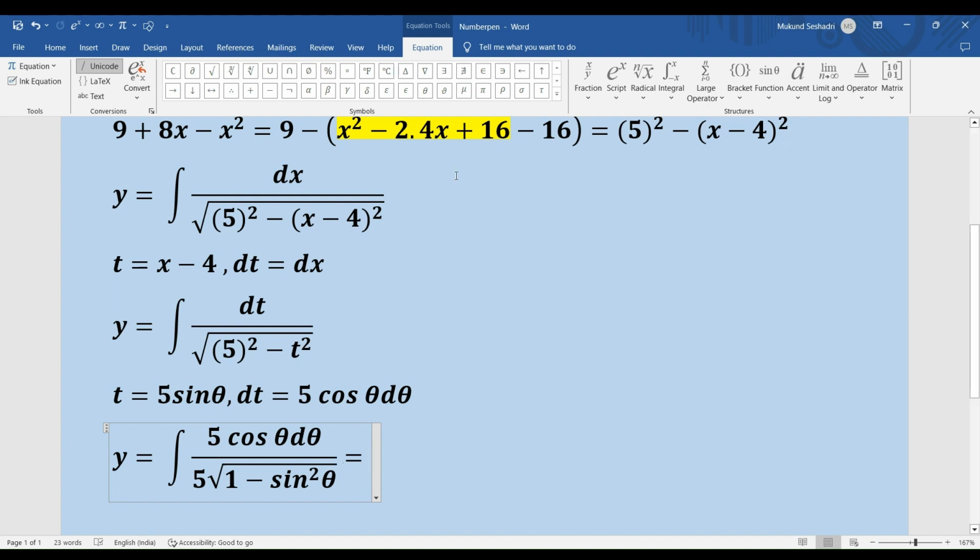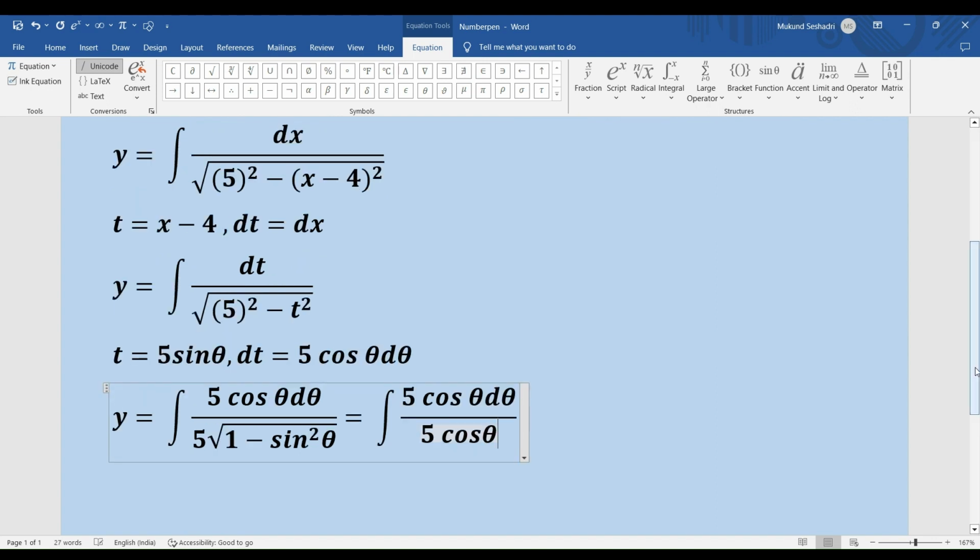And then a root of cos square theta is nothing but a cos theta again. So what are we left with? We are left with integral of my numerator, let it remain as it is now, 5 cos theta d theta. And then my denominator becomes a 5 times cos theta. Now you see, from here on it gets a lot more simpler, because I know that my cos theta and cos theta can get cancelled out, and so is my 5.